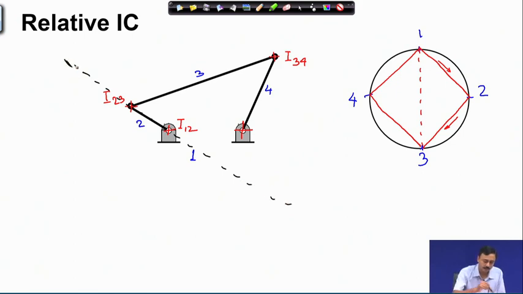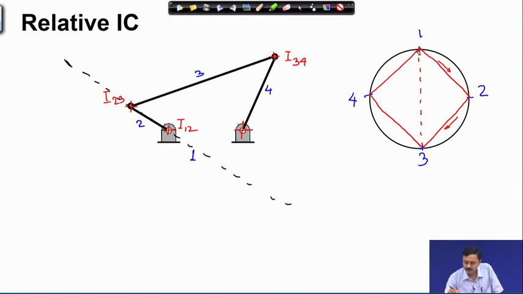I13 must lie somewhere on this line, because I12, I23 and I13 are the 3 relative ICs of bodies 1, 2, 3. So, 3 bodies 1, 2, 3 are in relative motion, and therefore their relative ICs must lie on a line. Now, of the 3 relative ICs, I exactly know two of them, I12 and I23. So, I13 must lie on this line. This is the black dashed line.